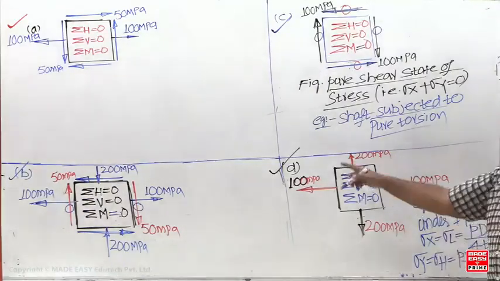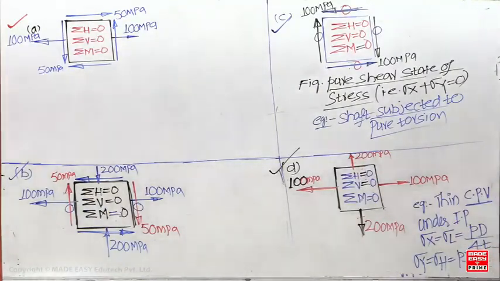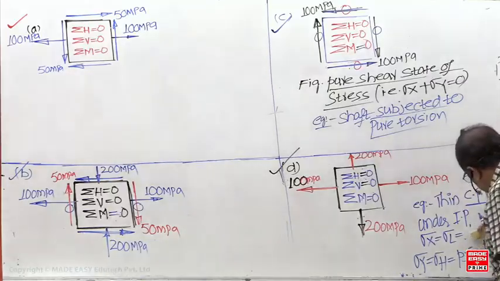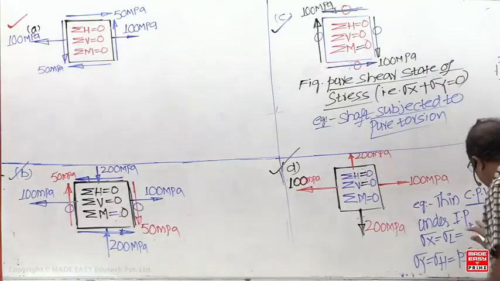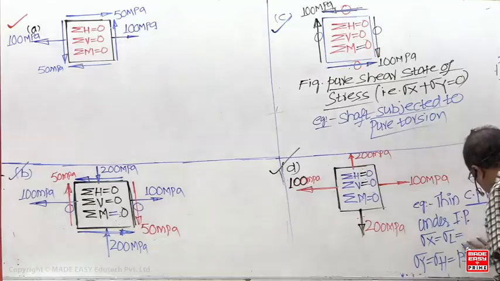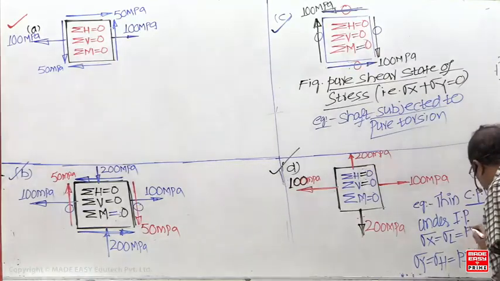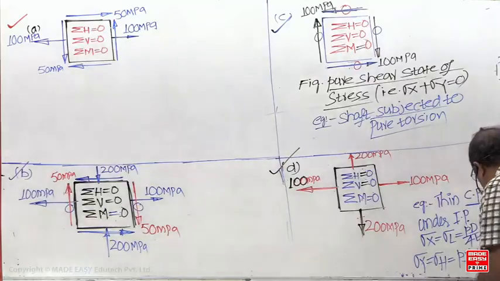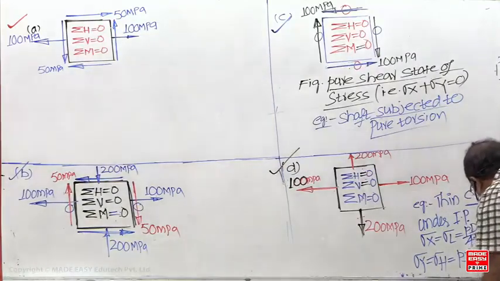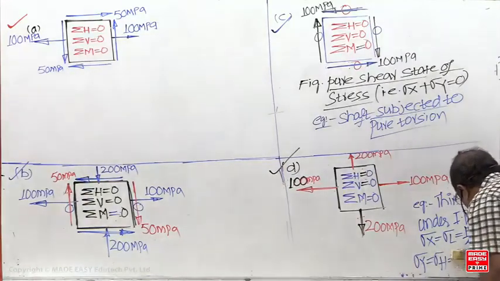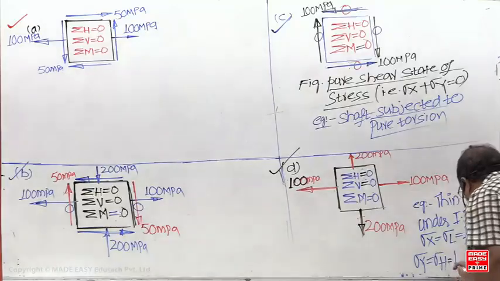That's why I have taken this value as double. IP means internal pressure. PD by 4T. So this value is written as what now?